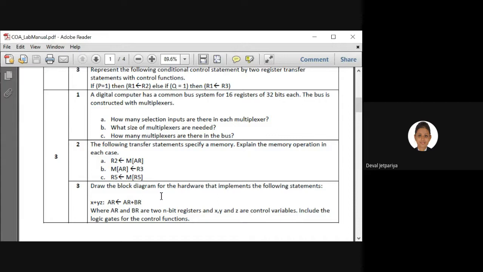That means two blocks you need to draw, one for the AR register, another for BR, and you are adding that content with the help of one n-bit adder, that is the full adder. So between this AR and BR, you can keep one block where you can write n-bit adder.